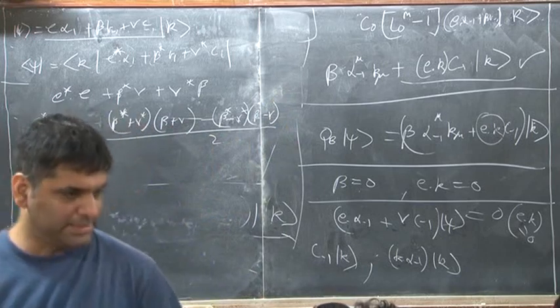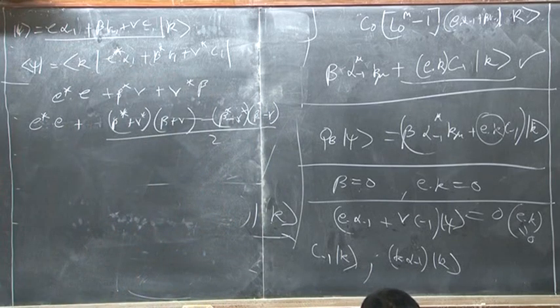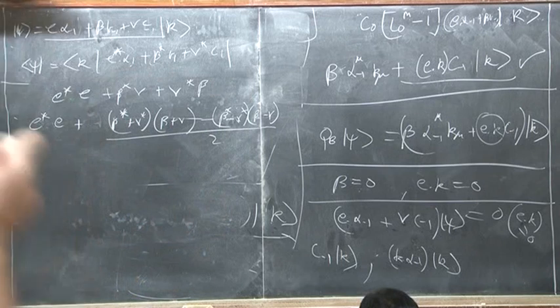Just because the terms that are beta star beta and gamma star gamma cancel between those two, and the remaining terms, the beta star gamma and gamma star beta, don't cancel, but they give you exactly what you want.